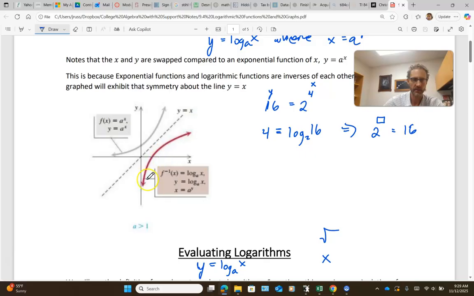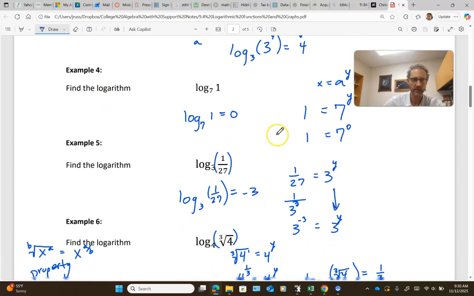So your logarithmic function will sit completely to the right of the y-axis, meaning the domain of a logarithmic function, unless it's been transformed, is only positive numbers. We can even put this in here. The domain, we'll talk about this again, for a logarithmic function goes from 0 to infinity, but it doesn't include 0.